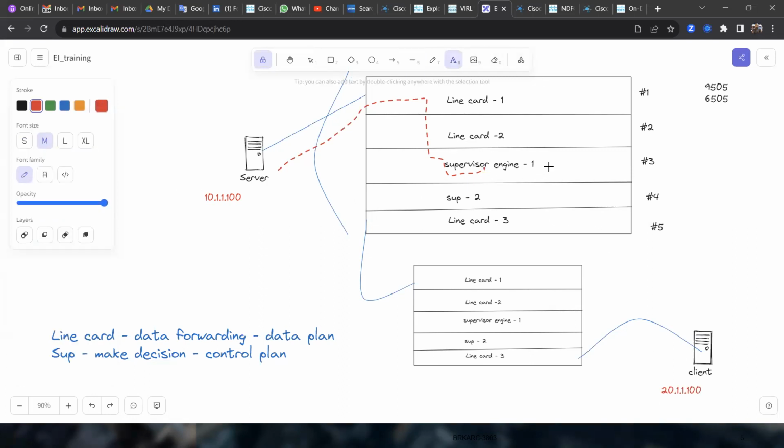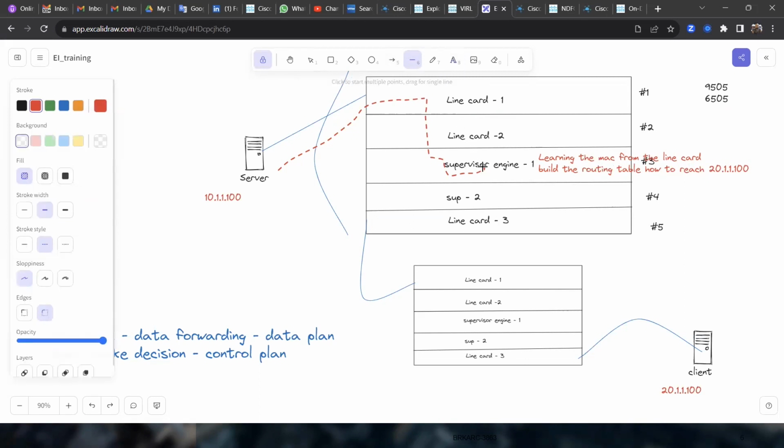So the supervisor engine is learning the MAC from the line card, and then its primary job is to build the routing table for how to reach 20.1.1.100, right? Once it knows how to reach, it will send that information to the next switch's control plane, which is the supervisor engine here, right?